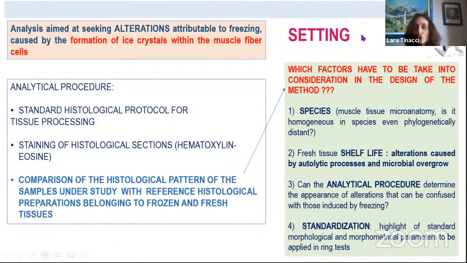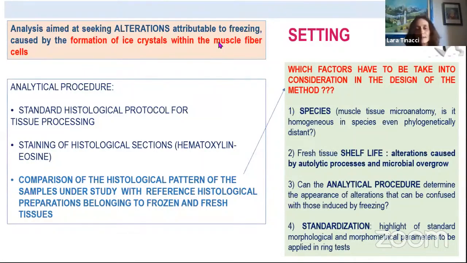But which are the factors that have a major role in the design of the method? First of all, we have to consider that the microanatomy of different species is significantly different.